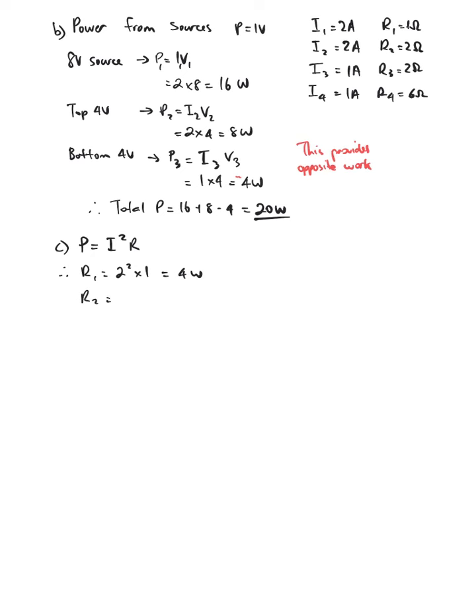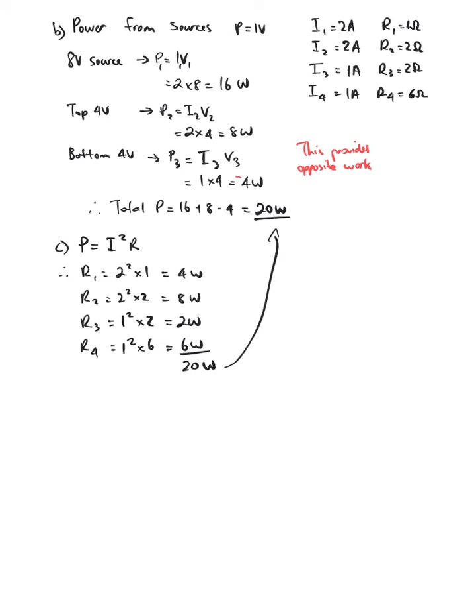R2 is going to be 2 squared times 2, which is 8 watts. R3 is 1 squared times 2, which is 2 watts. And R4 is 1 squared times 6 ohms, which is 6 watts. We add that all up and it comes to 20 watts.